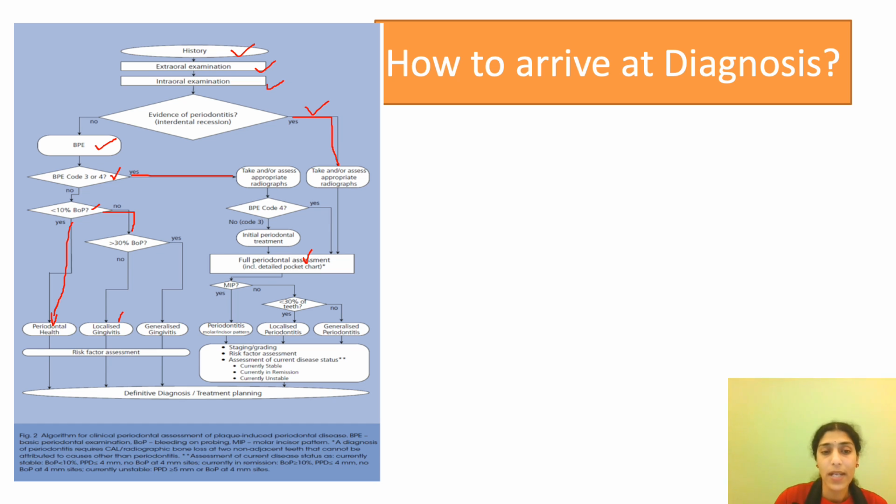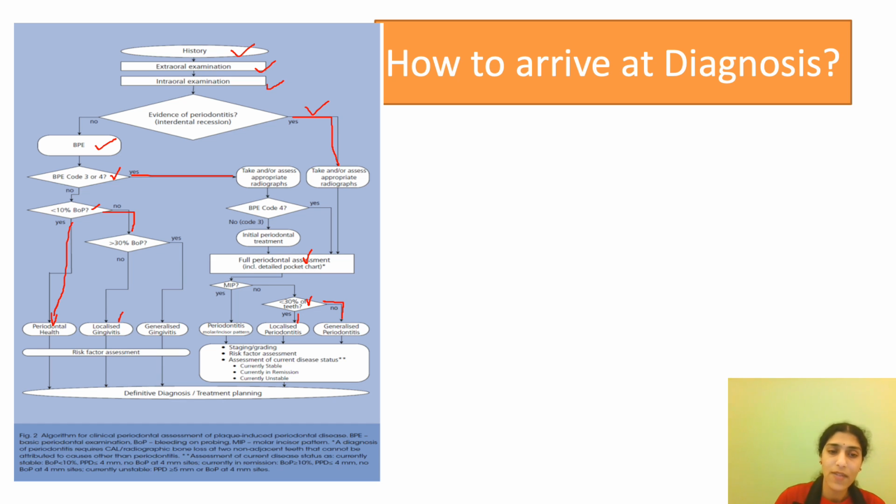Based on the amount of bone loss and your charting findings, you decide whether more than 30% or less than 30% of the teeth are involved with pockets. If less than 30% of the teeth are involved, then it is localized periodontitis. If it is more than that, then it is a generalized periodontitis.